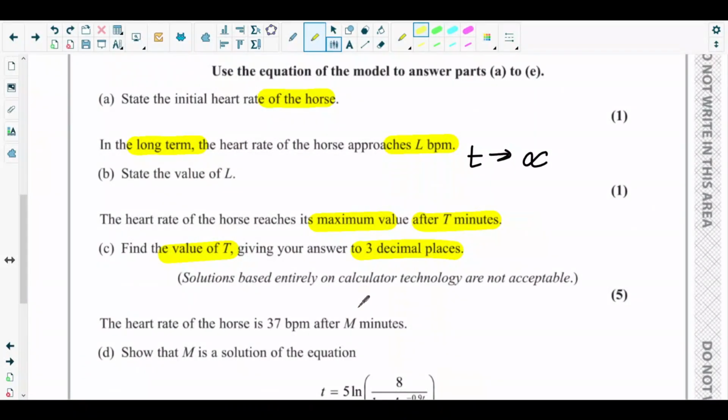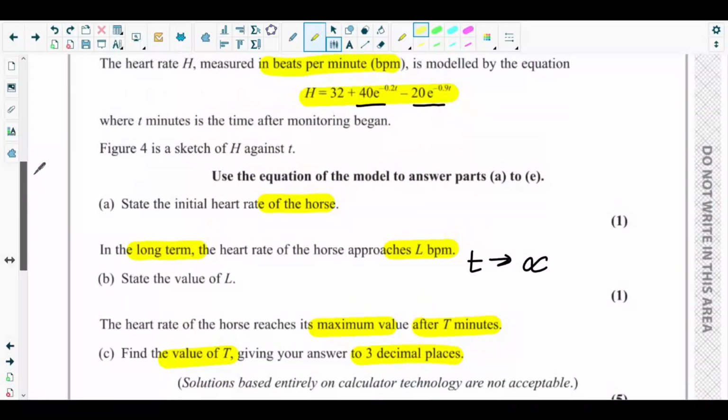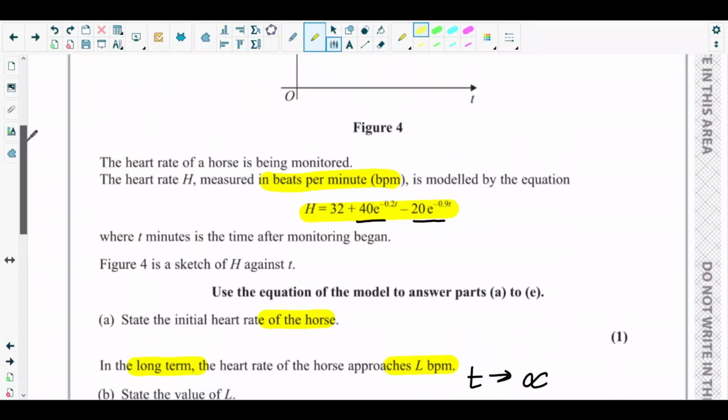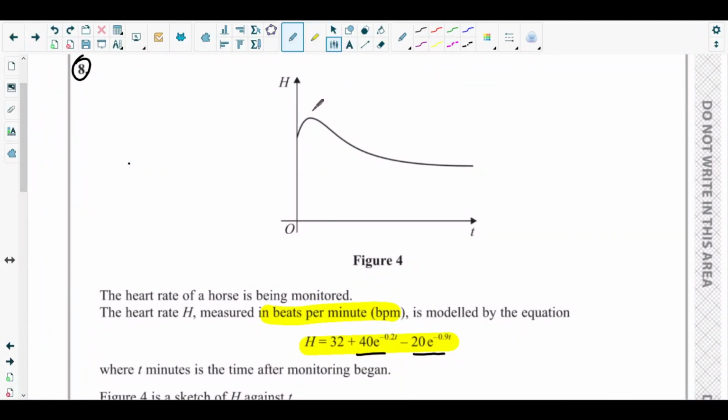So we need to find the time when the heart rate of the horse reaches its maximum value. The equation that represents the heart rate at different times is given. If you see the sketch, this is basically the maximum turning point.